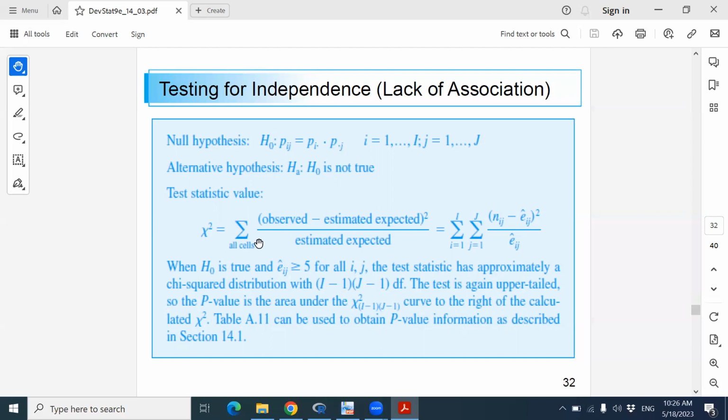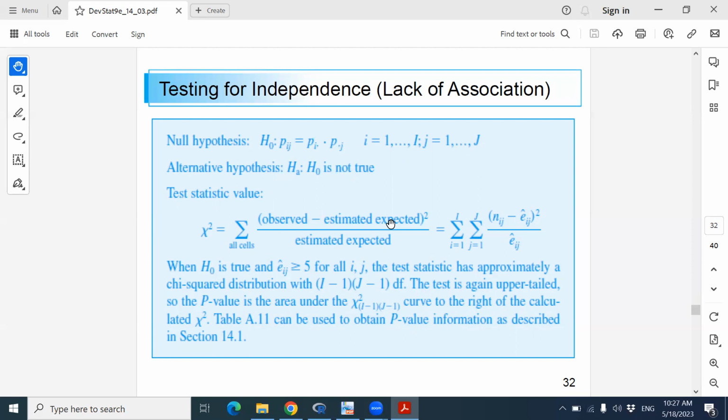And the test statistic is still the sum of the squared difference between the observed and the expected cell counts, divided by the expected cell count. And we use the chi-square distribution with I-1 times J-1 degrees of freedom to determine whether the calculated test statistic is too extreme or not. So-called extreme: if the null hypothesis is not true, our observed and estimated counts would be different, and the squared difference will be big.